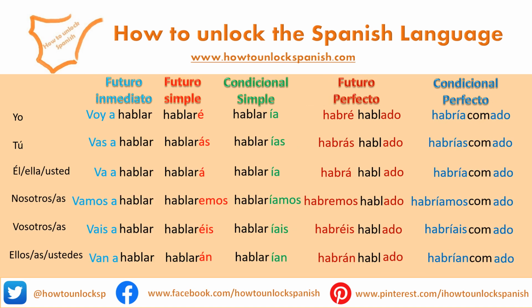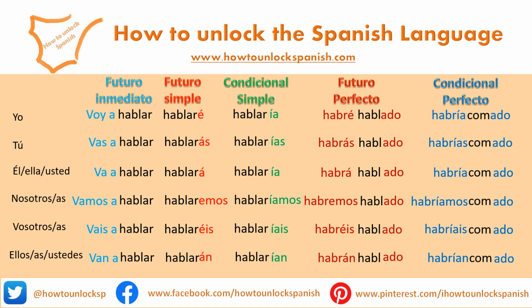Let's talk about the future. So for the future, we have 5 different tenses. Let's focus on the first 3, which are voy a hablar, hablaré, o hablaría. So they all keep the infinitive. You don't remove AR from the future, the immediate future, or the conditional.